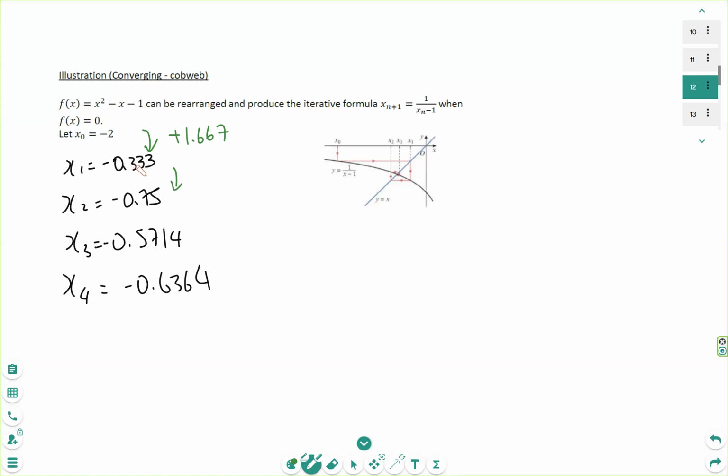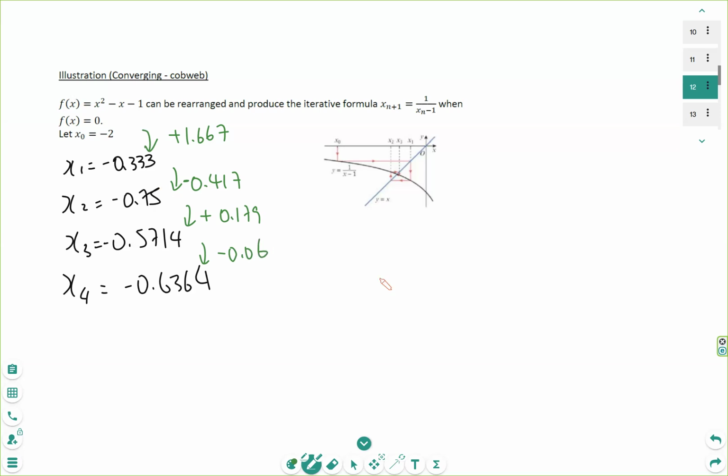But from 0.33 to 0.75 we're decreasing again, by 0.417. Then from 0.75 to 0.714, we're going positive, adding 0.179. The change is getting smaller again. From negative 0.5 to negative 0.6, you're getting smaller again, 0.06 roughly.